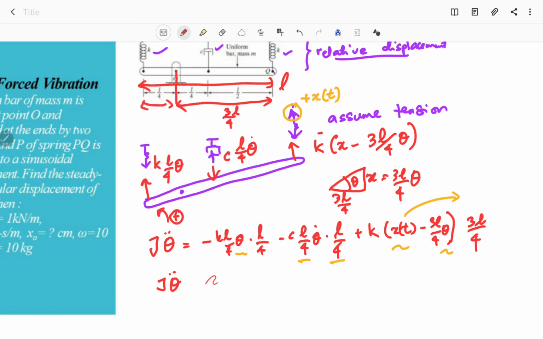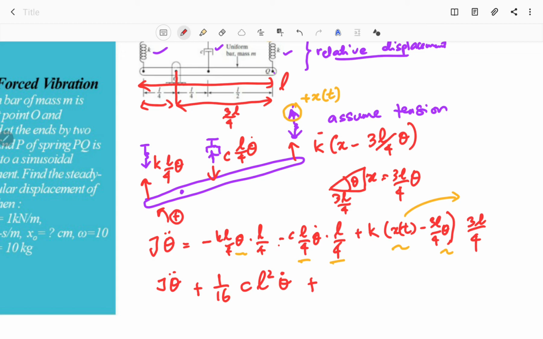If you do that, here you have negative, then you bring it to the other side, you get positive. So this will have L square. So you have 1 over 16 CL square theta dot. Then you have to plus your KL. This term here, which is negative, will become positive.